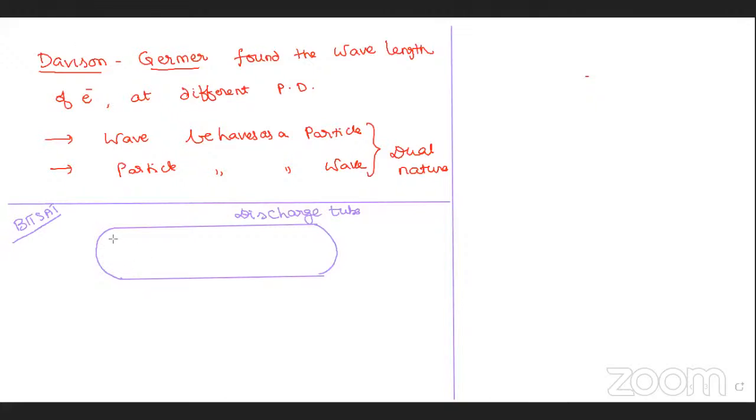Electricity was developed around the 16th century, very old, whereas the electron was found in the 19th century.